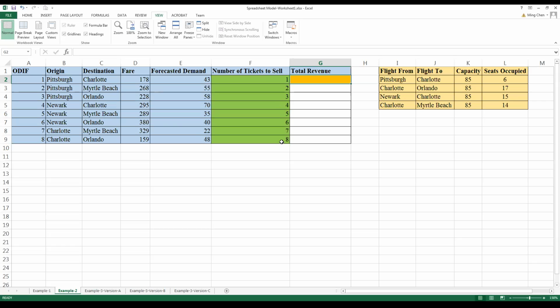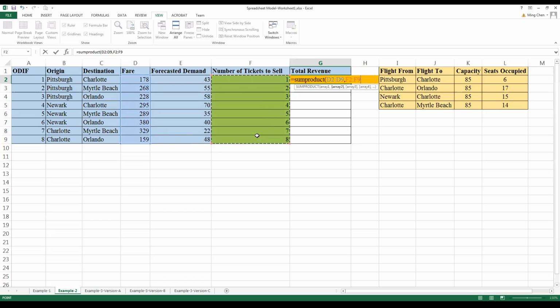If you think about the structure, we don't want to use a tedious way to create a formula. We have a function we just covered for example 1. So we can use SUMPRODUCT. This type of structure, we can use SUMPRODUCT. The first parameter will be column D, that's the price column. The second column is quantity, how much you can sell for different OD pairs.